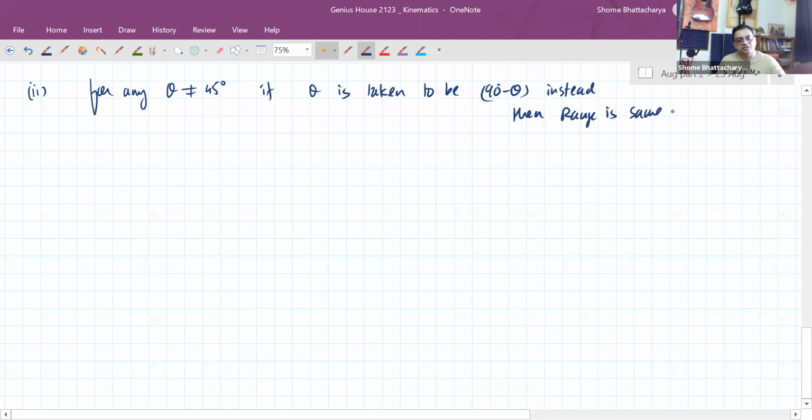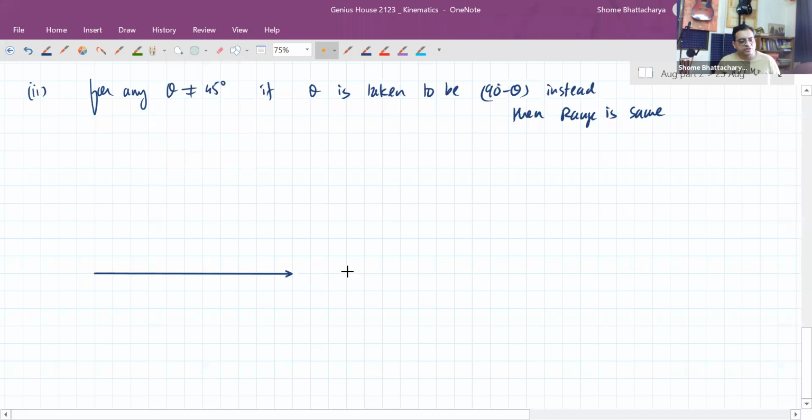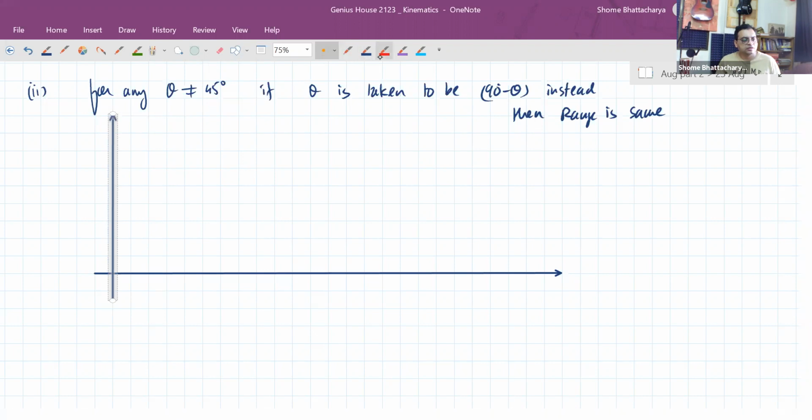So I'll just explain this with an example. What this is trying to say here is that if we are projecting at a given speed of projection and a given angle of projection, and that angle is not equal to 45 degrees, and we achieve a certain range.